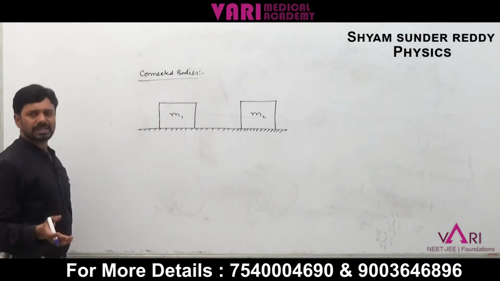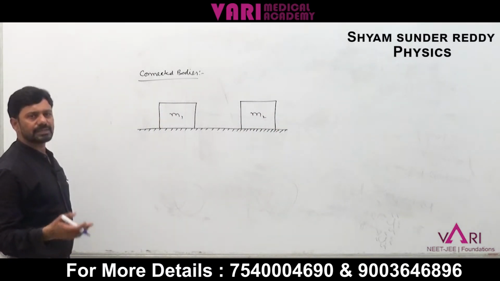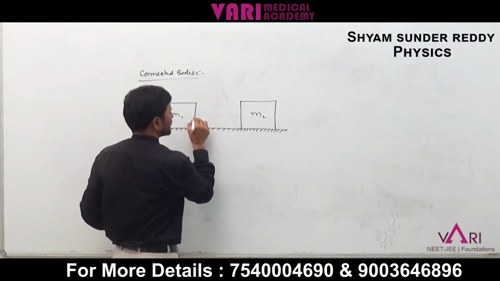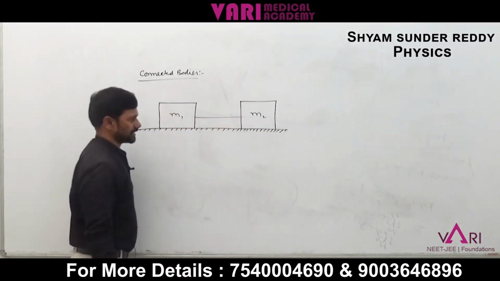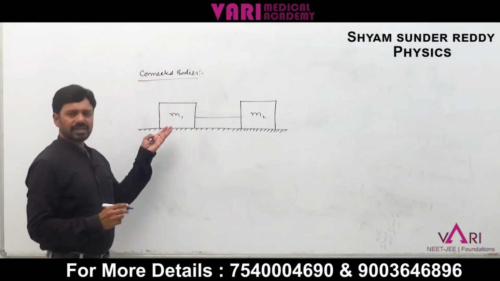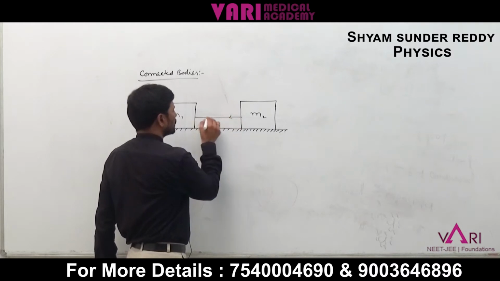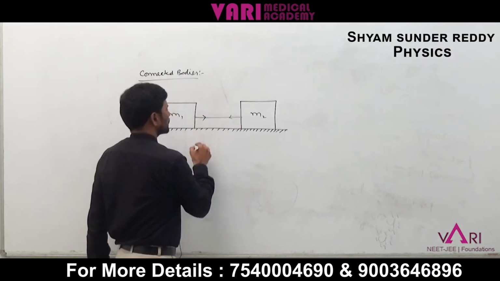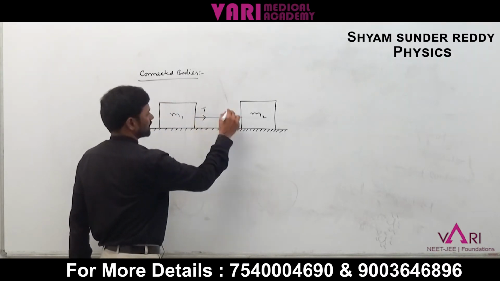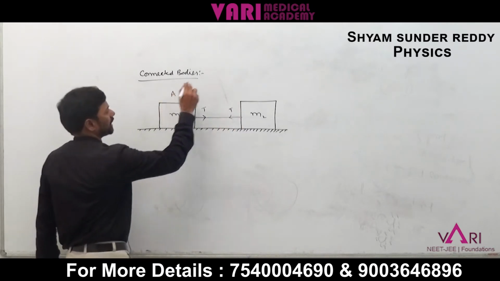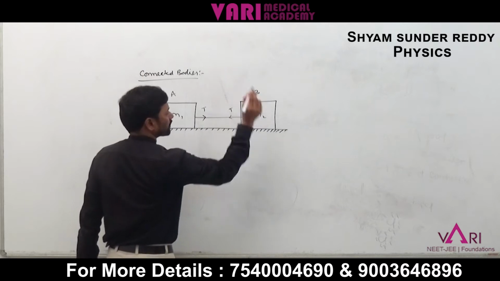These two masses are connected with a massless string, so there is a tension between the two masses. Take it as T. This is block A, block B.